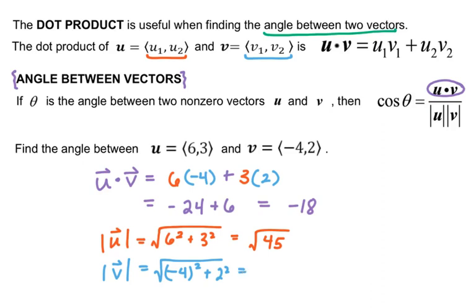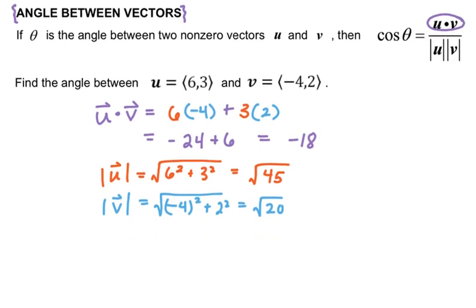So 16 plus 4, that gives me the square root of 20. Therefore, by my definition, I can write that cosine theta is equal to -18 divided by the product of these two magnitudes.